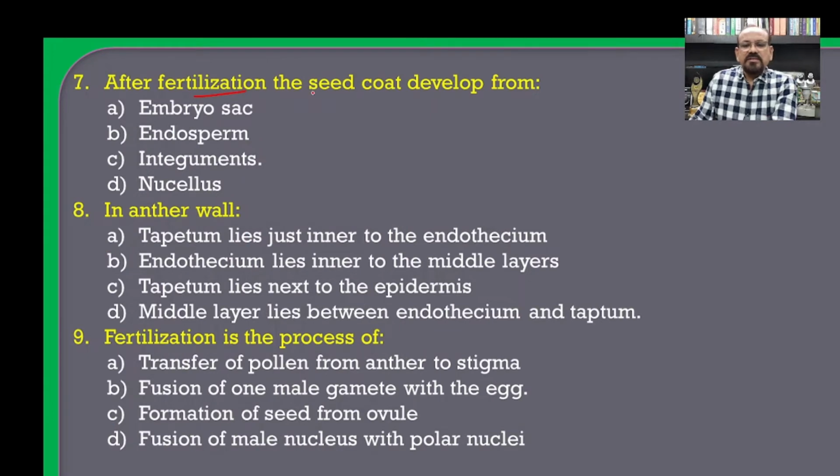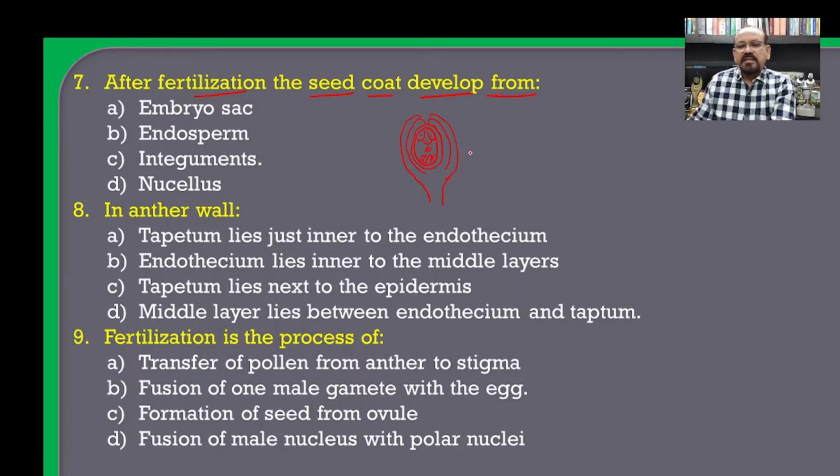After fertilization, the seed coat develops from... we know the structure of the ovule, that is the 7-celled and 8-nucleate structure, that is the female gametophyte. Around it there is the nucellus, and around the nucellus there are the integuments, that is, two integuments are present in the angiosperm ovule.